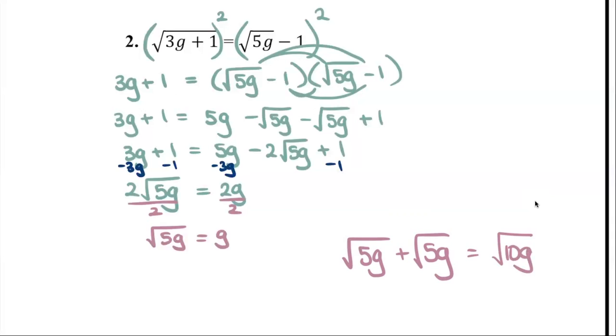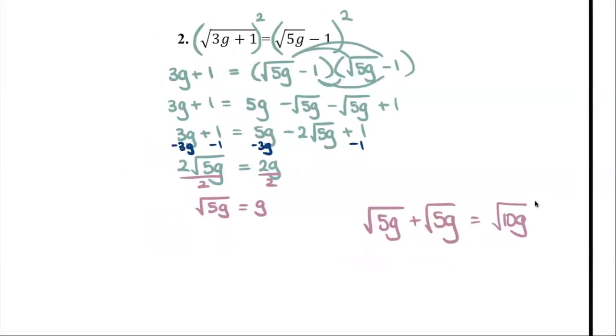Okay, that's a no. But I know why you're asking that, because imagine if I have rad 1 plus rad 4. Is that equal to rad 5? No, right? Because if I simplify this, it's 1 plus 2, so it's not equal. So you actually can't add inside the radical like that.